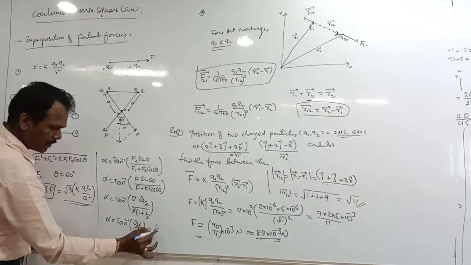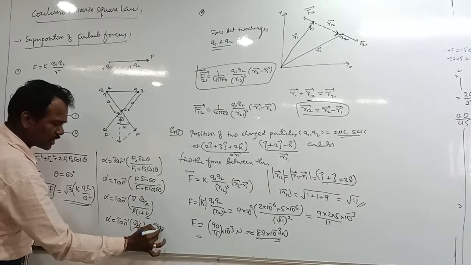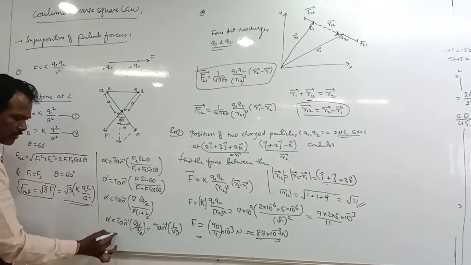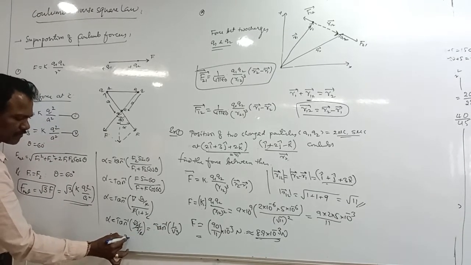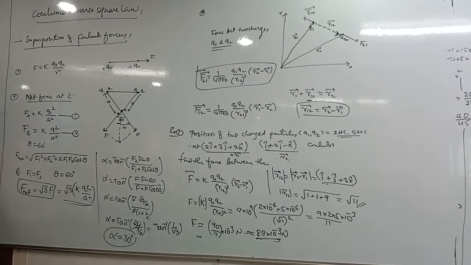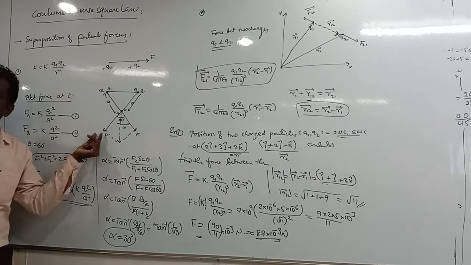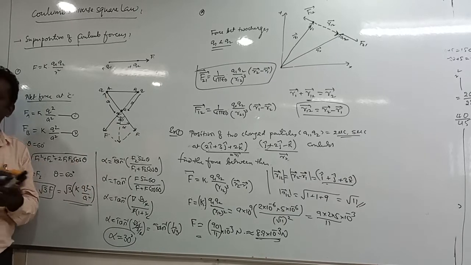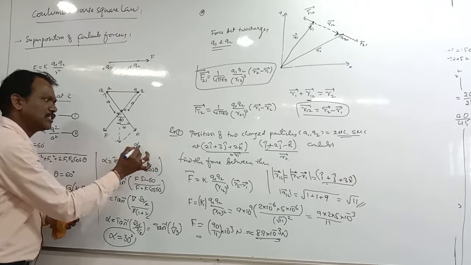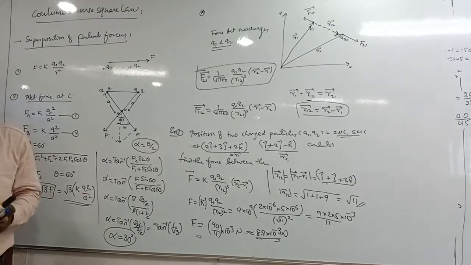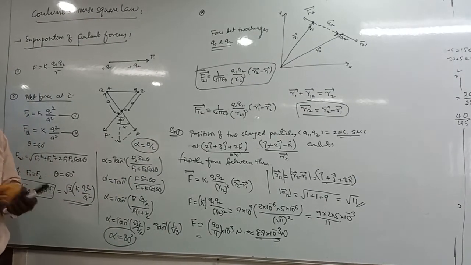So here 1 by root 3, tan inverse of 1 by root 3, then alpha is 30 degrees. Or if two equal forces are there making an angle theta, then alpha is equal to half of the angle, that is theta by 2. Okay.